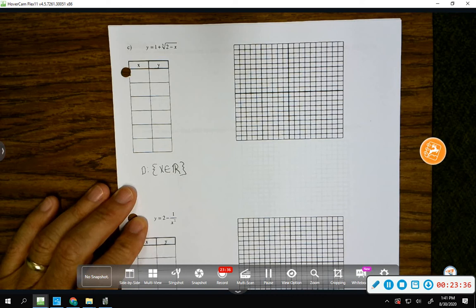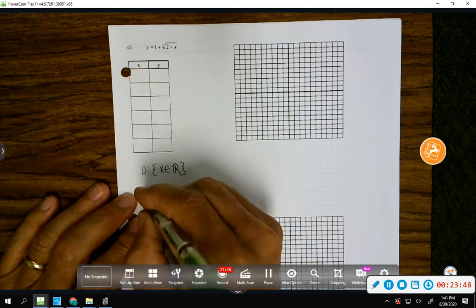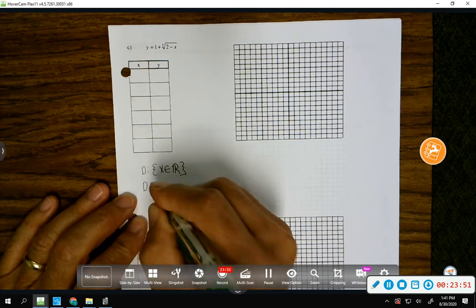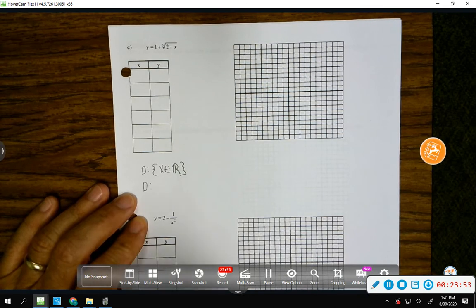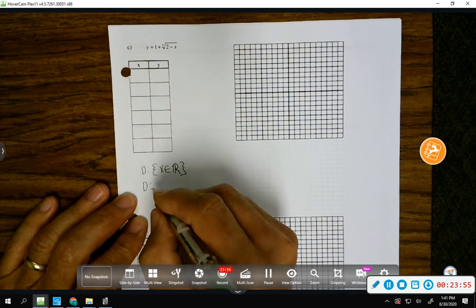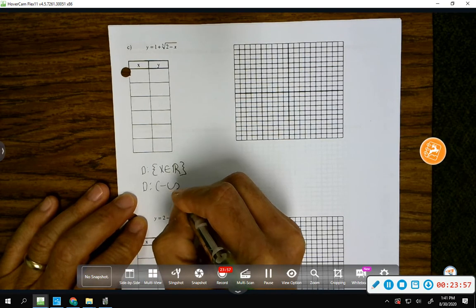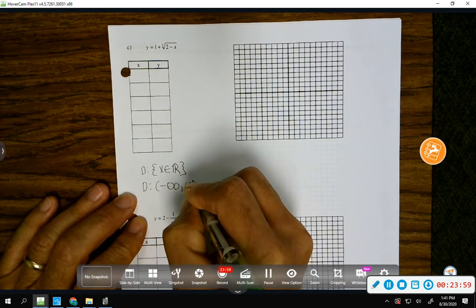Do not do ARN. I've never seen it on the AP test. They are not going to assume that you mean all real numbers by that. Do not do that on the test in here. I've never seen that abbreviation in any book or anything on an AP test. Okay? Here's how you write it in set builder notation.